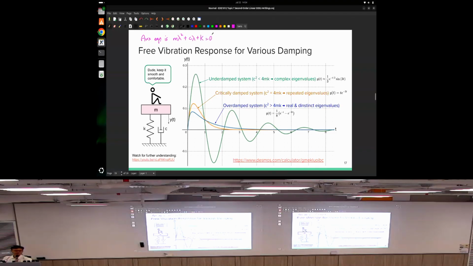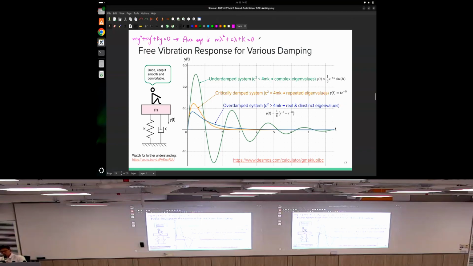Agree or not? This comes from your ODE, m y'' plus c y' plus k y equals 0. So the auxiliary equation must be m lambda squared plus c lambda plus k equals 0. Isn't this a second degree quadratic equation?